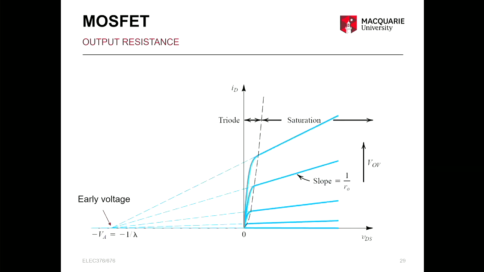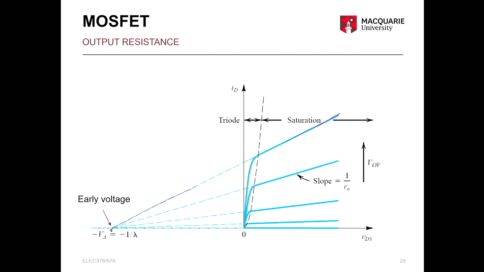So if we backtrack this ID curve that increases with VDS, actually it increases linearly. If you trace it back, it will intersect at a point called the early voltage.